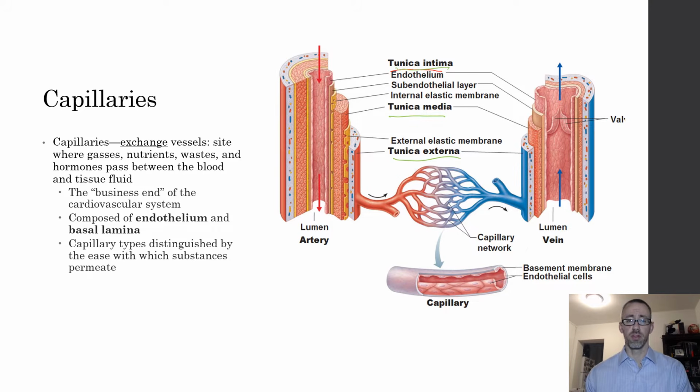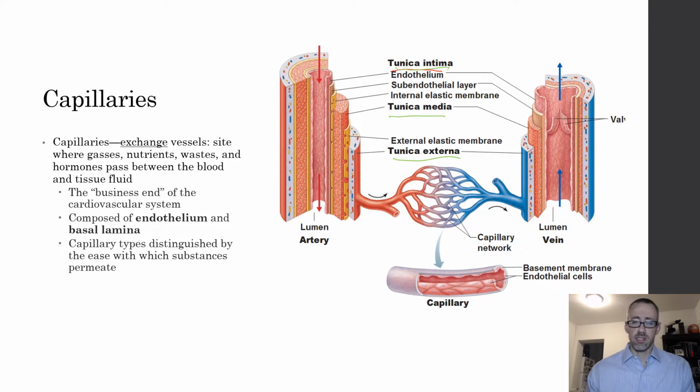That's the lumen of the artery, and you can see the tunica intima has the endothelium, which are the cells that line the inside of that lumen. And there's the subendothelial layer, which is just beneath that. And then there's an elastic membrane, and you'll notice the media is a thicker portion where we have our smooth muscle. And then just outside that, you have the tunica externa. Those are the general things. Again, we're going to come back to a lot of these details later on in the semester.